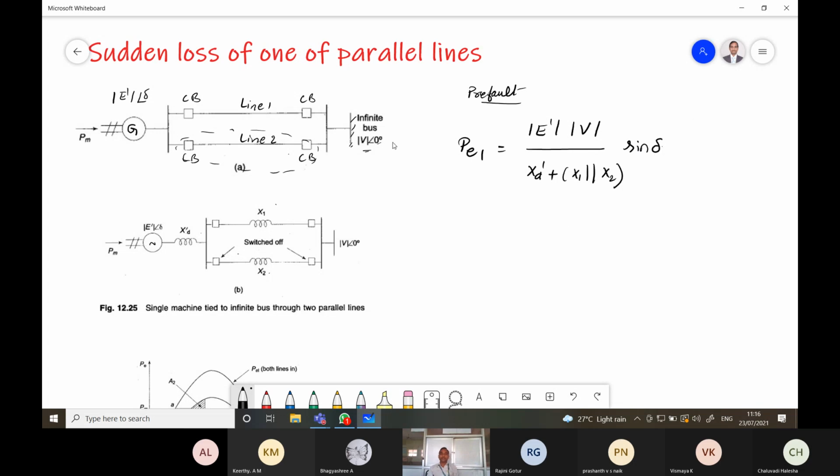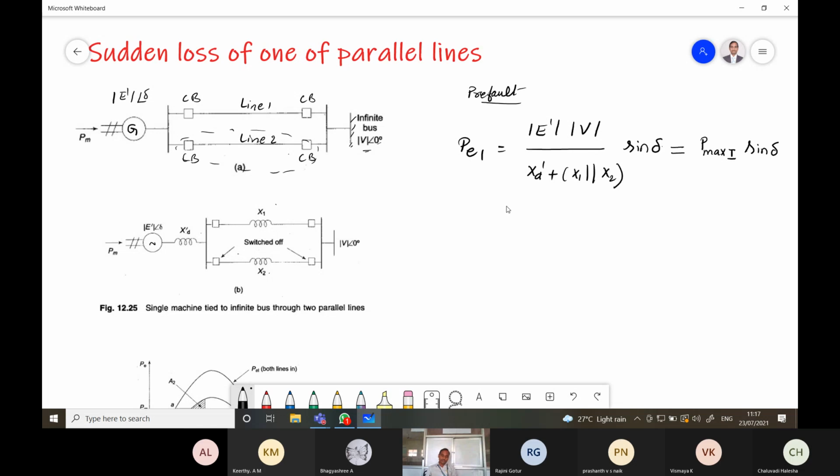This is the power angle equation when both the lines are connected, that is, before fault. This is also equal to P max 1 sine delta. So we consider P1 before fault as P max 1 sine delta.